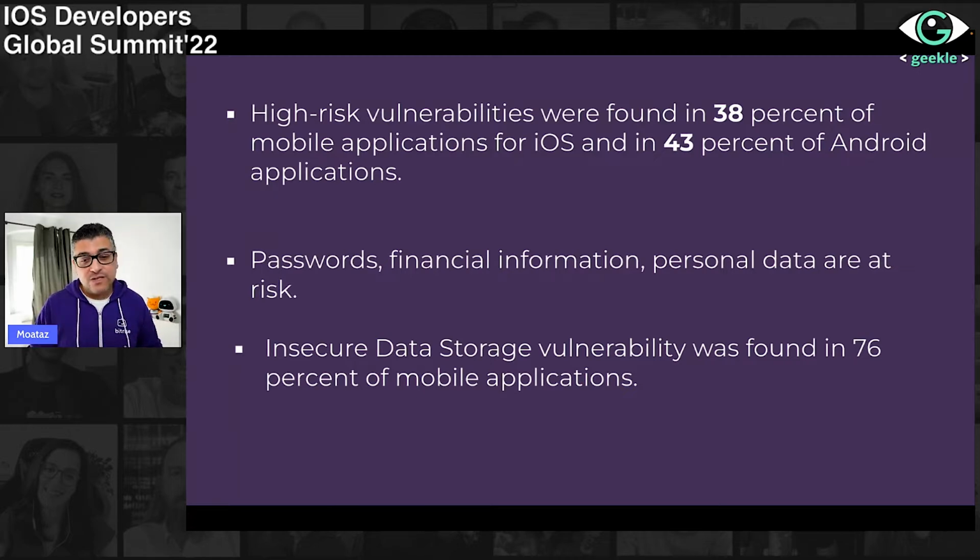For example, passwords, financial information, banking account details, cardholder details, personal data, and all the things that we usually add in the mobile application. Insecure data storage vulnerability was found in 76% of mobile applications, which is a huge number. And this is one of the famous issues or vulnerabilities you can usually find in security problems.